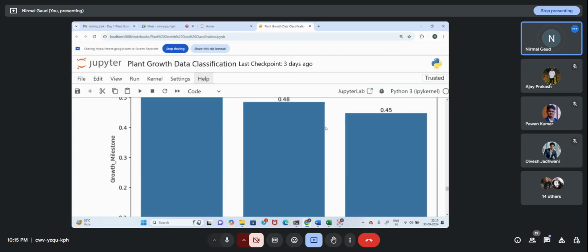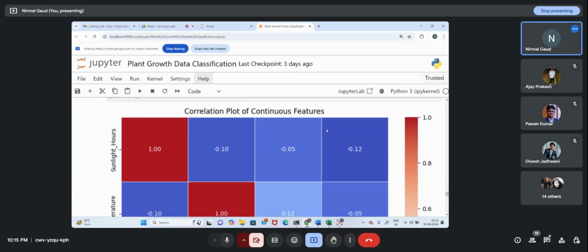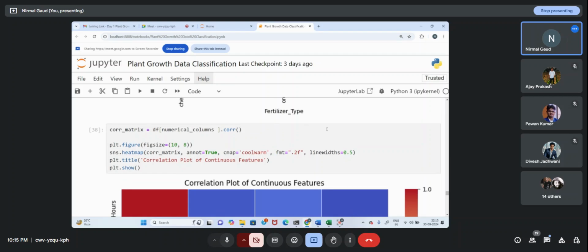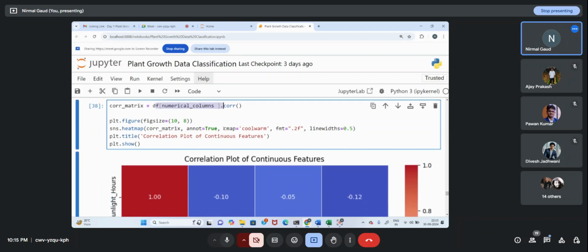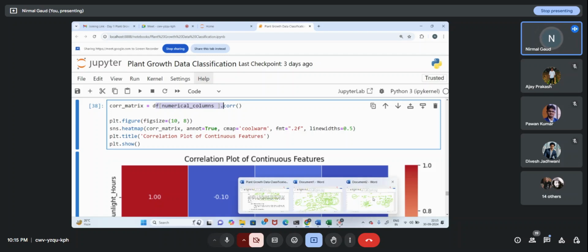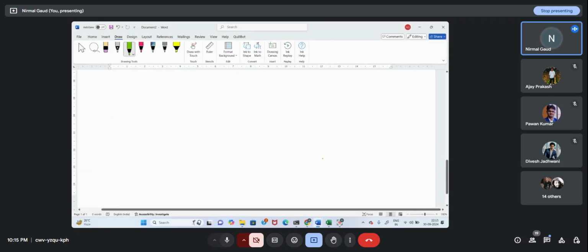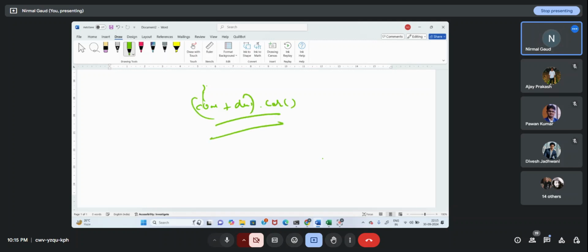And then what I did next is I found the correlation. Whatever numerical columns are present in my data, I found the correlation between them, including continuous and discrete features.